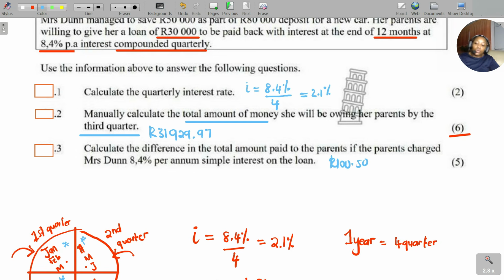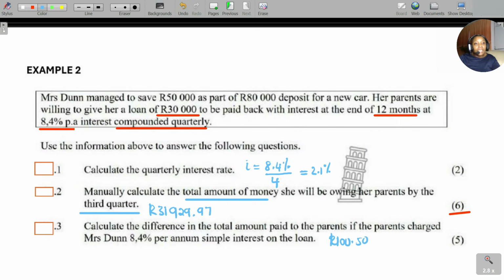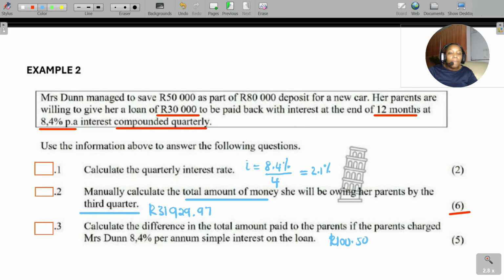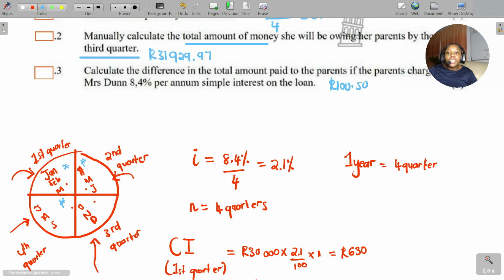I hope you guys enjoyed this video tutorial where I basically explained what you need to do if interest rate is compounded quarterly, right? The takeaway here is that if the interest rate is compounded quarterly, we need to understand that the interest rate is added every single quarter. So it's not added just once a year, but it's added 4 times in a year.